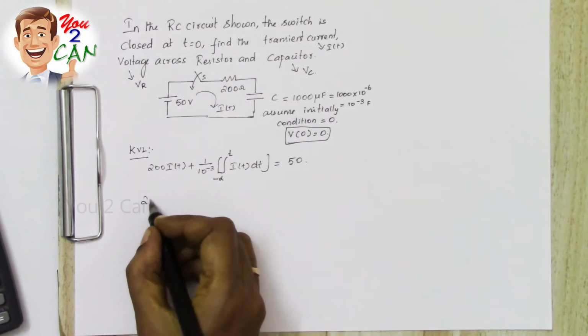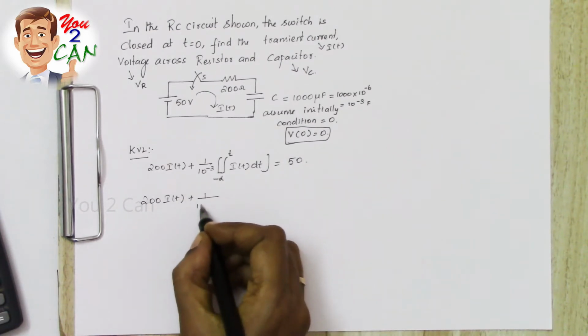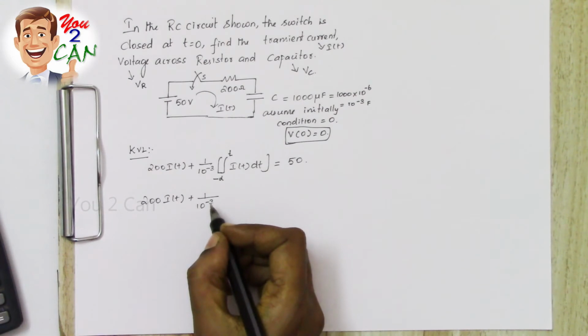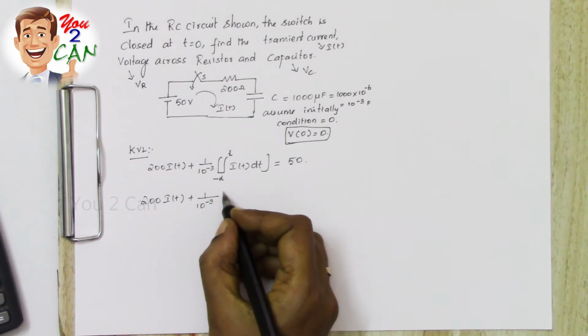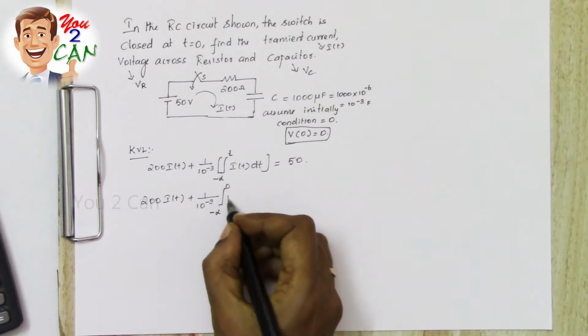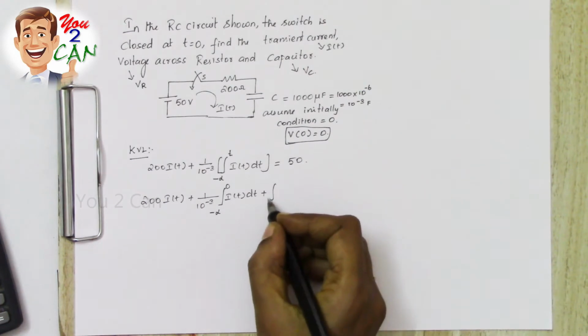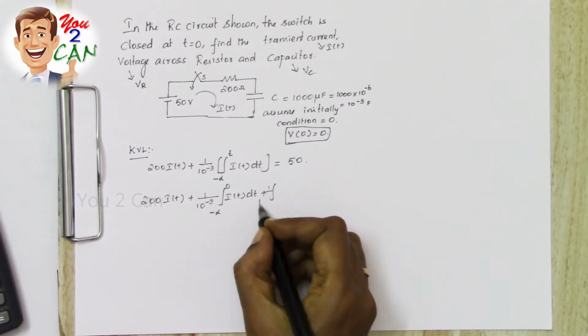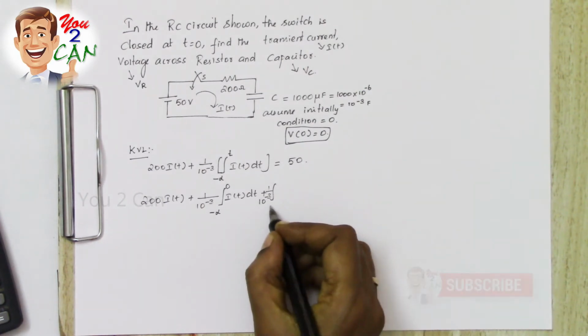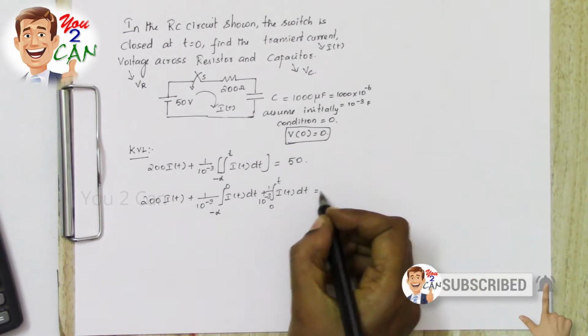We can write it like this: 200 I of t plus 1 by 10 power minus 3 into, separating the range, the integral from minus infinity to 0 of I of t dt, plus 1 by 10 power minus 3 times the integral from 0 to t of I of t dt, equal to 50.